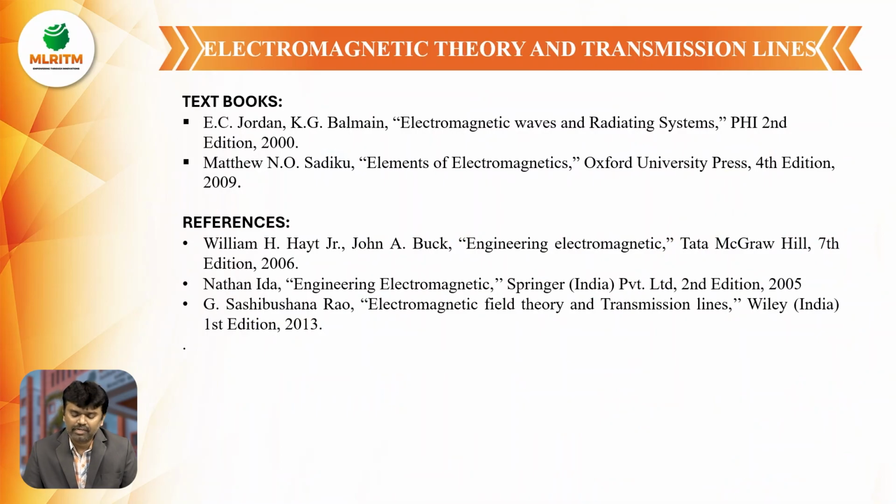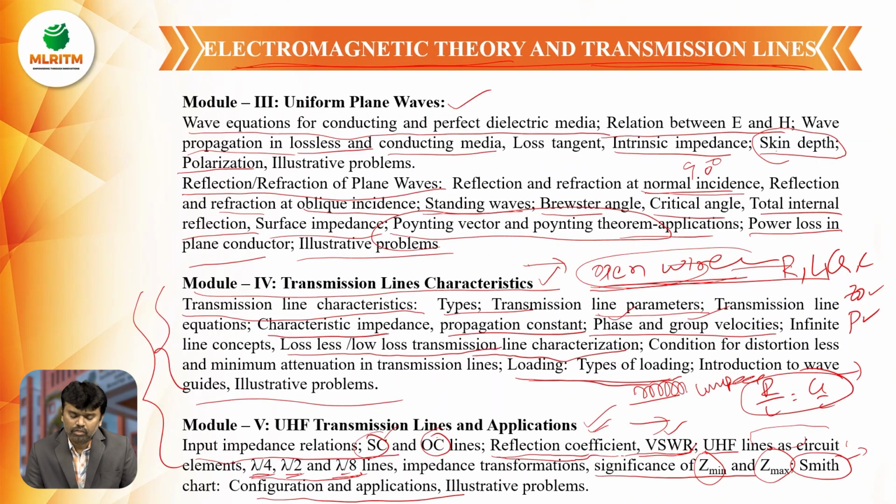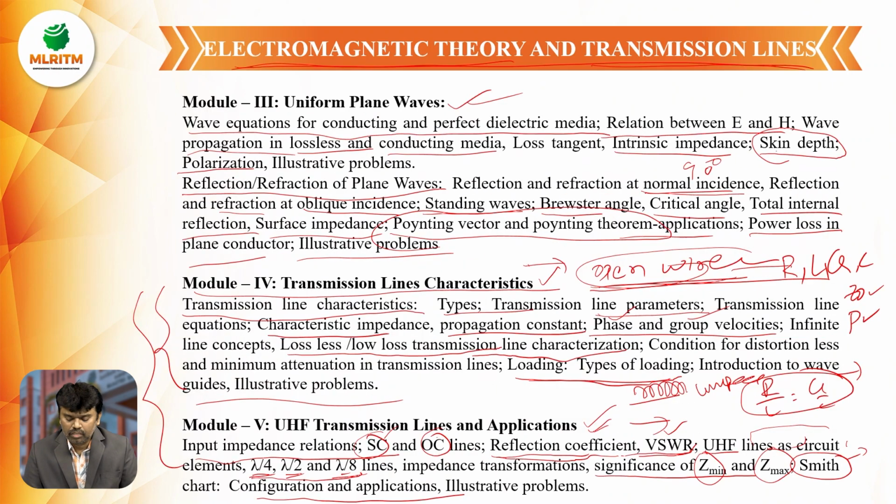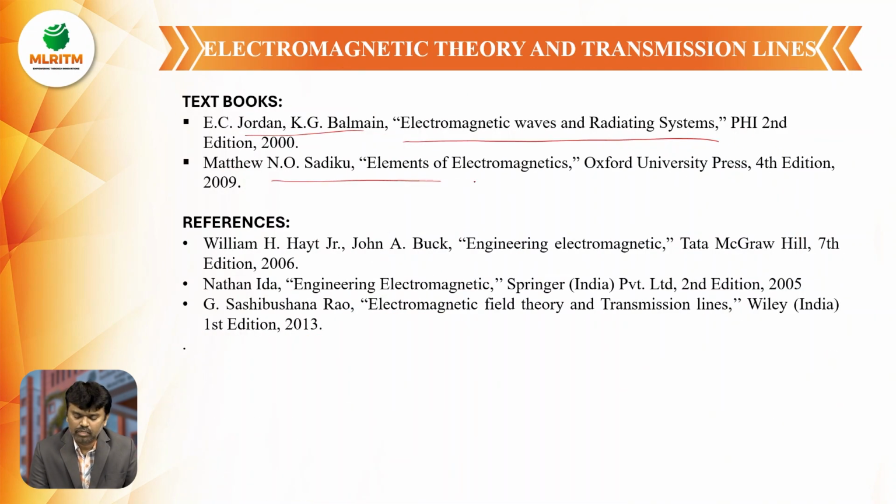Next, the standard textbooks for this course: the first one is Electromagnetic Waves and Radiating Systems by Jordan and Balmain. In this textbook, you will find the modules on uniform plane waves, electrostatics and magnetostatics. Next, the second main textbook is Elements of Electromagnetics by Sadiku. We also prefer this textbook for learning all those modules.